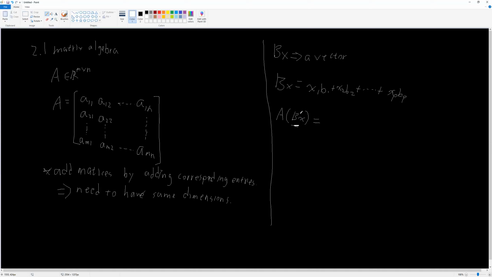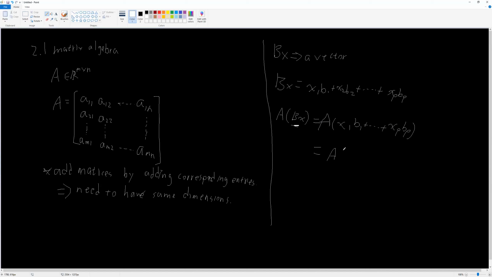So we have different entries for Bx, which is the above linear combination. So we can do a kind of distribution. Multiply the matrix A by Bx, which is this: x1 b1 plus dot dot dot plus xp bp. All we're doing is substitution: replace Bx with the linear combination that we have here. All right, and then we can do distribution.